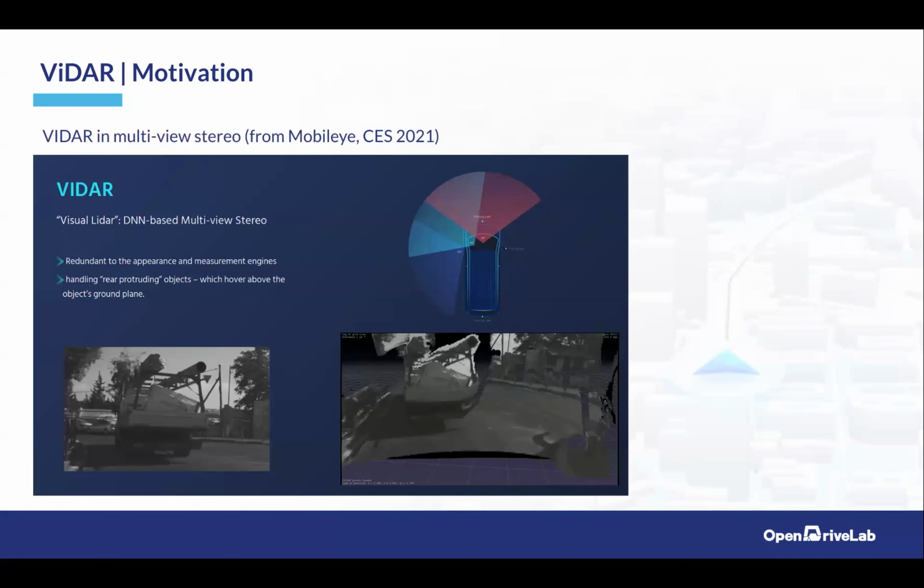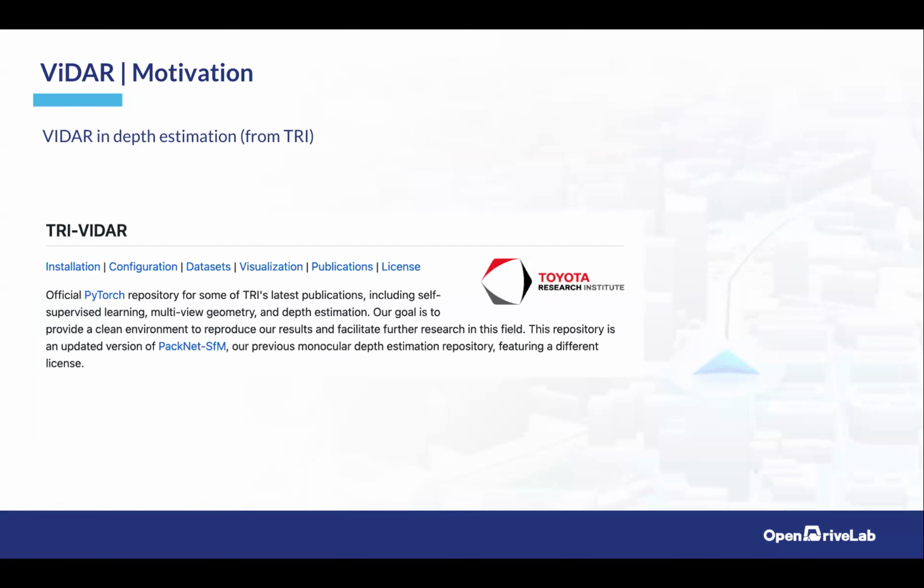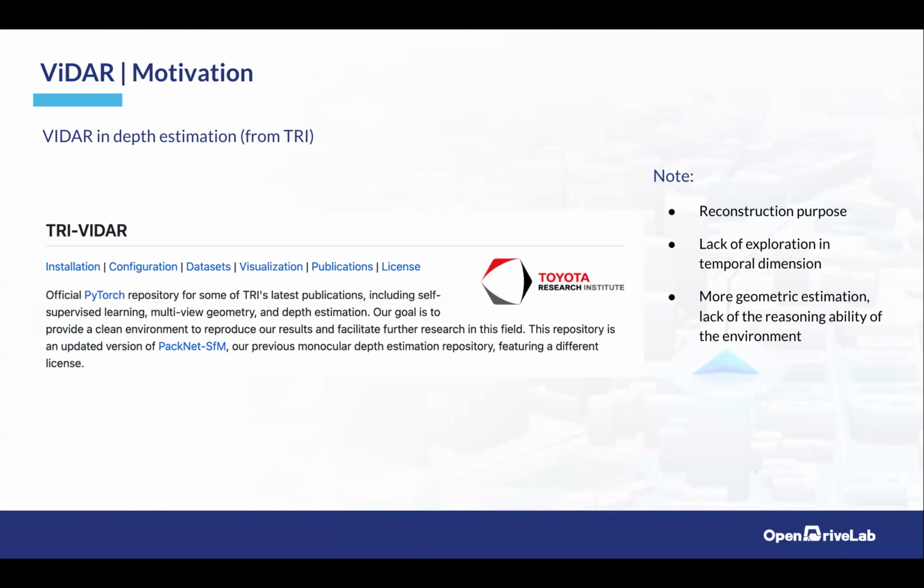ViDAR actually has some previous works in both CES and TRI. They are mostly about multi-view stereo or self-supervised depth estimation. So these works are mainly for reconstruction purposes, but they lack exploration in the temporal dimension.